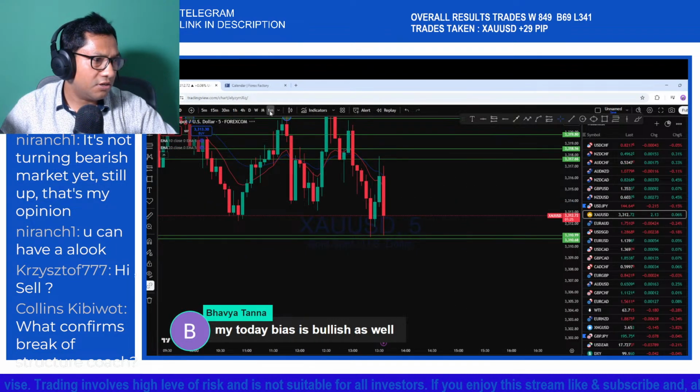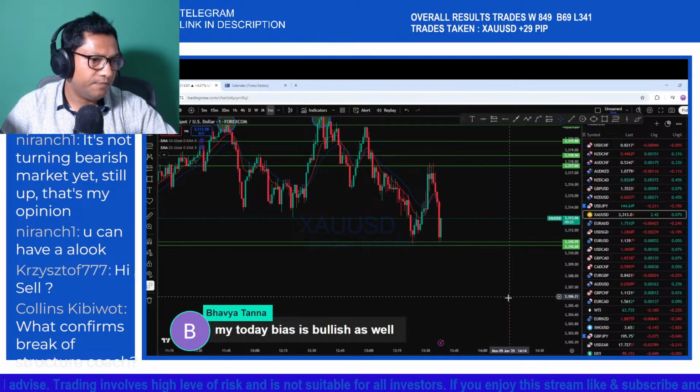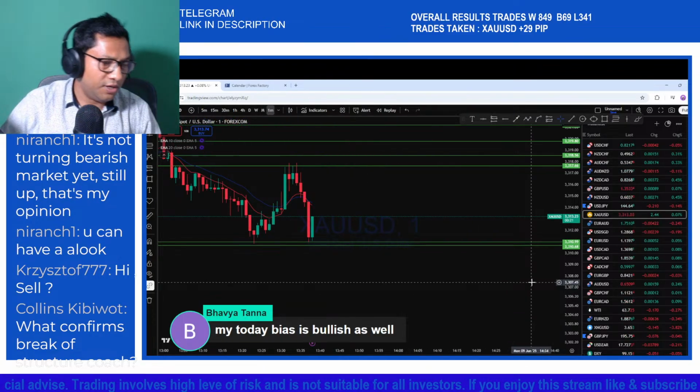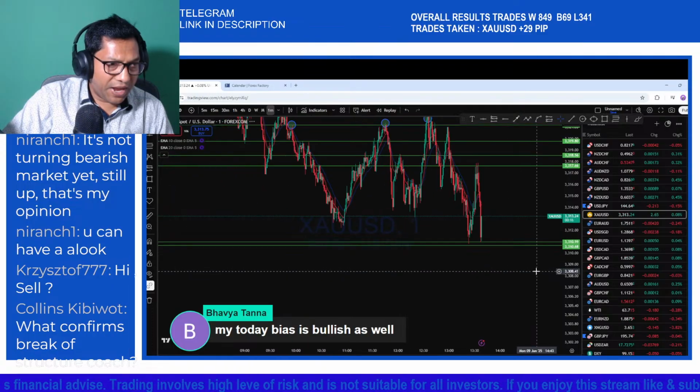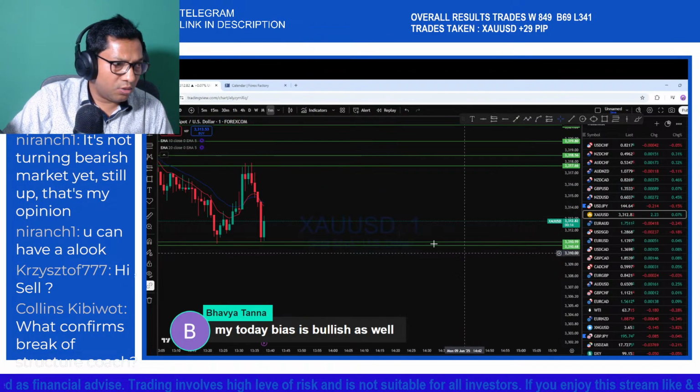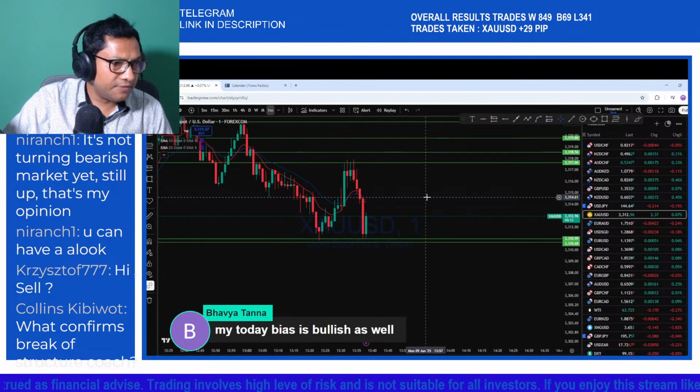And looking at the lower time frame, the 1 minute here, also showing possible rejection back in the lower side of this market.